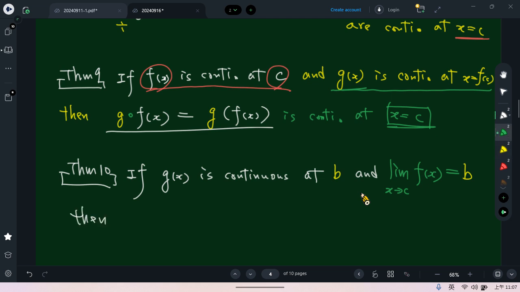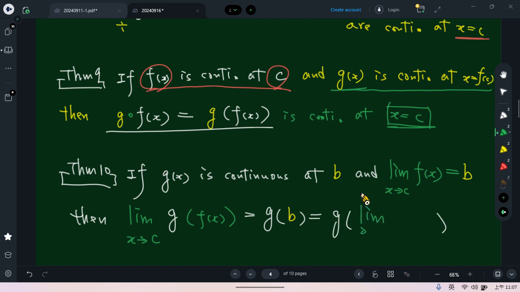Then when we talk about the limit as x approaches c of g of f of x, the result will be g of b. Or we can say this is g of the limit as x approaches c of f of x.